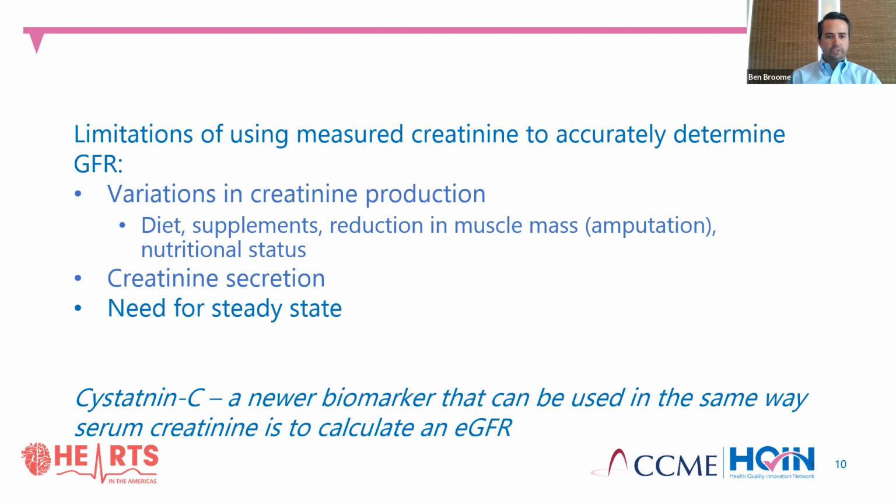I often will use it, not for every patient, but if I have a patient whose creatinine is higher than I think it should be, in the sense that I just have a high suspicion that a measured creatinine for this patient doesn't truly reflect what their GFR is, I'll often order a cystatin C and make that comparison and see if there's a significant difference in that reporting.